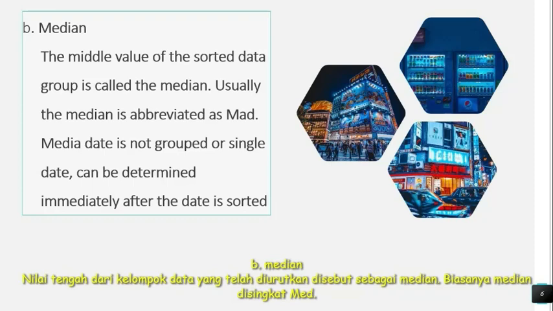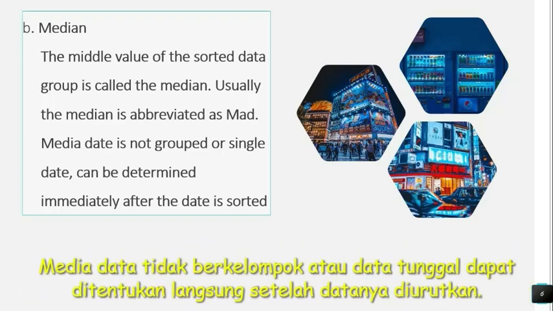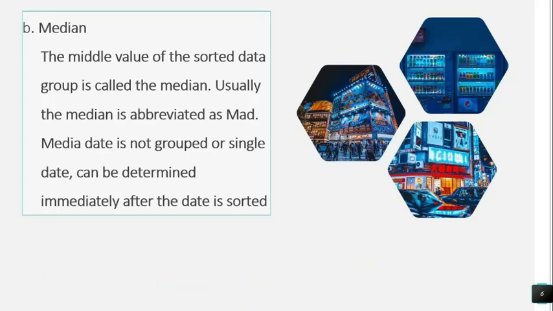B. Median. The middle value of the sorted data group is called the median. Usually the median is abbreviated as Med. For data that is not grouped, or single, it can be determined immediately after the data is sorted.